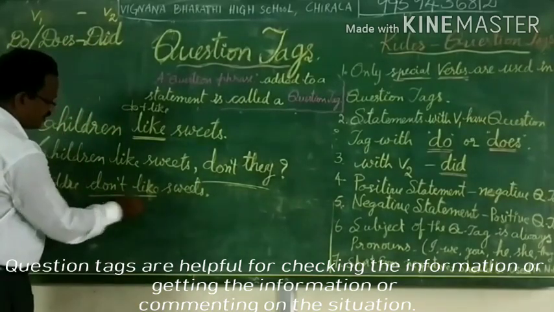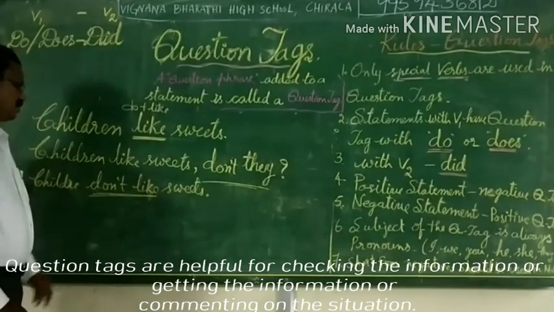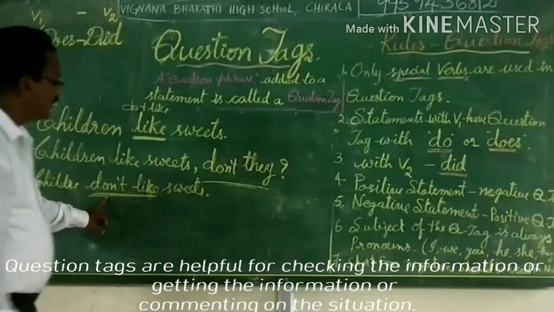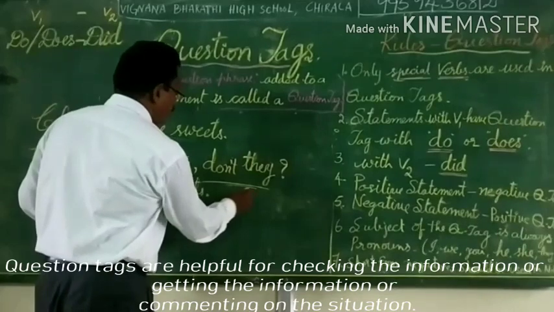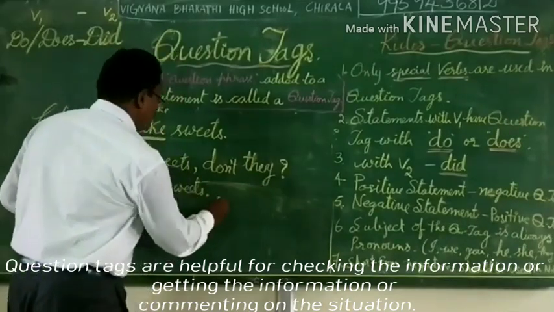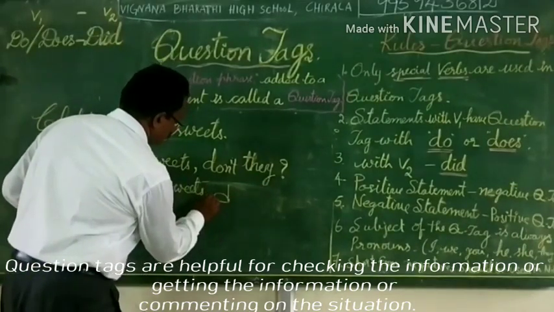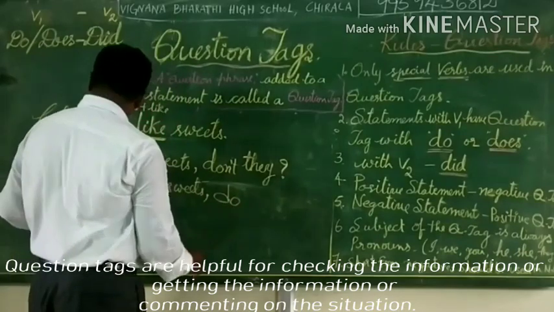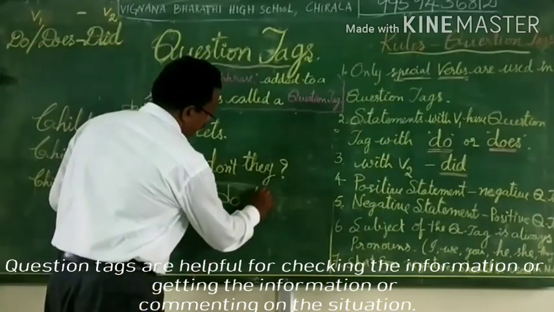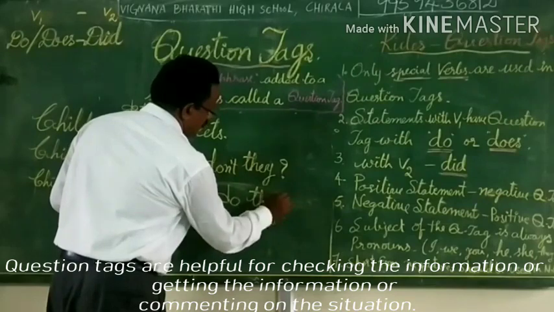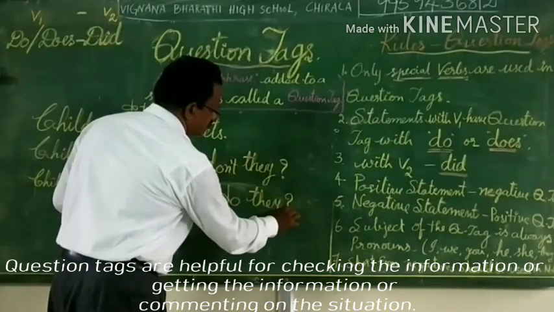What is the verb part here? Do not like. So here in the question tag we have to begin with do. Do children, they. What is the pronoun for children?